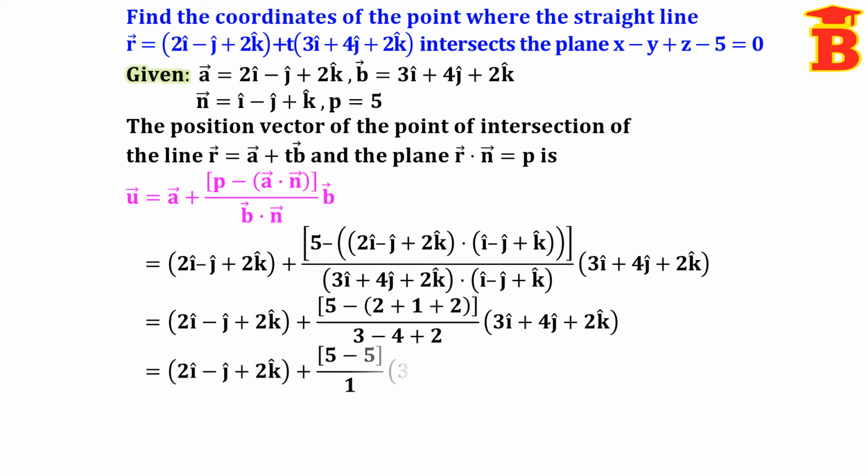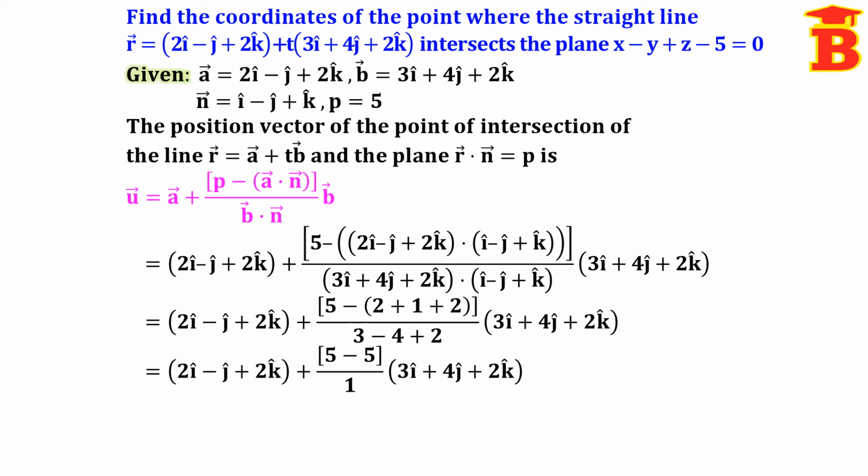So this is equal to 2i minus j plus 2k plus 5 minus, adding this bracket we get 5 divided by denominator, adding the numbers we get 1 into the vector 3i plus 4j plus 2k.